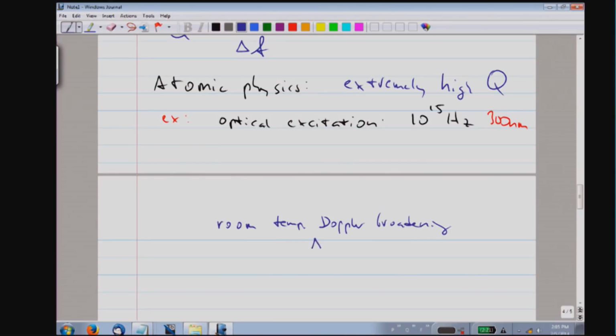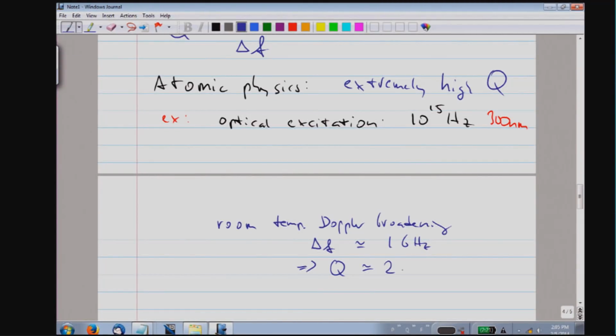That usually corresponds to a frequency width on the order of a gigahertz. And that means that your quality factor is on the order of 10 to the 6. A million, that's pretty good, a million oscillations. It's a very pure oscillator.